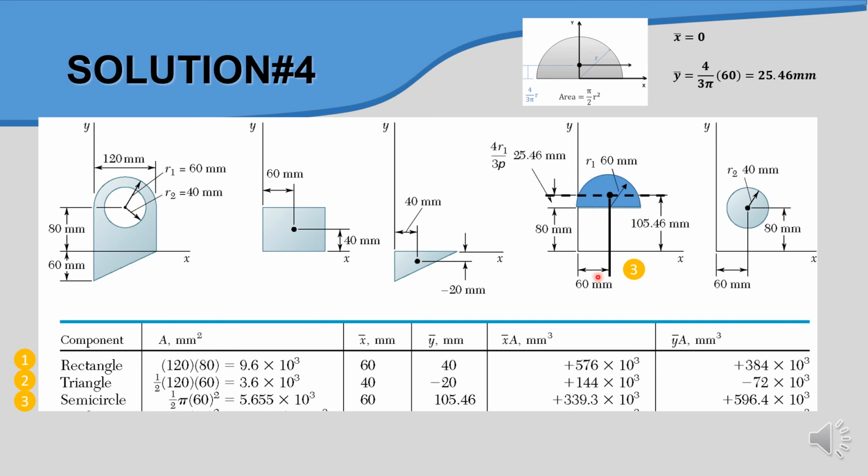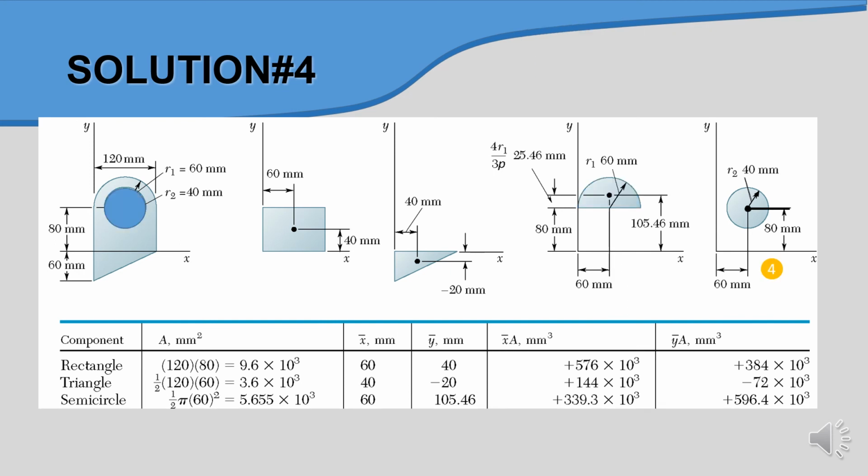So x is 60, you put it here. In case of y bar, you cannot put the value 25.46, but you need to add the value of this, which is 80. So 80 plus 25.46, you obtain the value of 105.46 here. And then you get x bar A and y bar A.